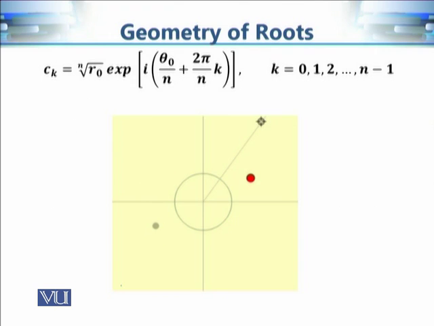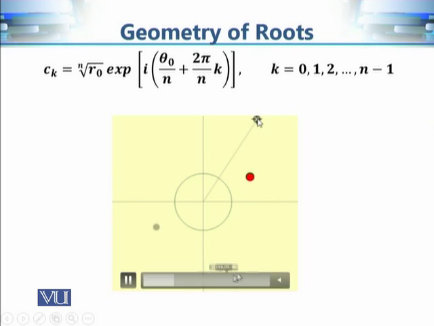Now let's further explore the geometry of these nth roots of a given complex number. When we consider n is equal to 2, in other words, square roots of a complex number, these two complex numbers lie at the opposite ends of a line segment.